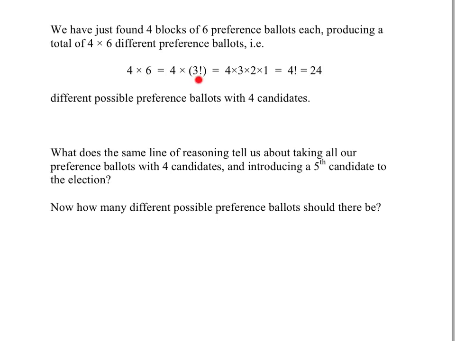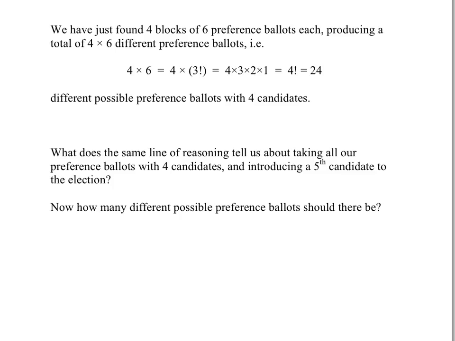So 4 times 3 factorial, but that's just 4 times 3 times 2 times 1. That's 4 factorial, right? We've just counted the total number of preference ballots with 4 candidates, and that's, it turns out, 4 factorial. Okay, so there are 24 different possible preference ballots with 4 candidates.